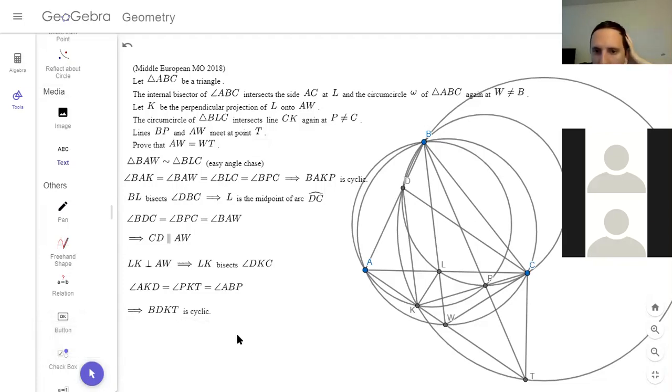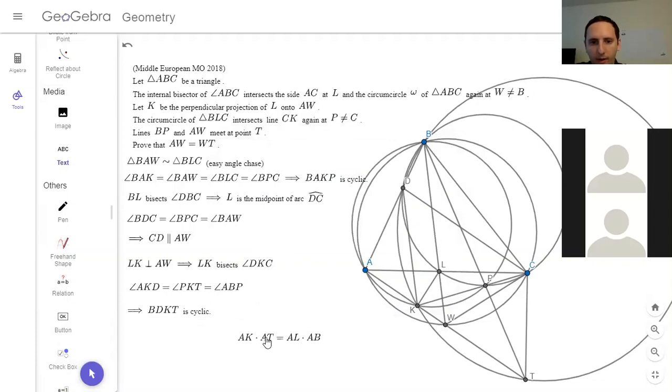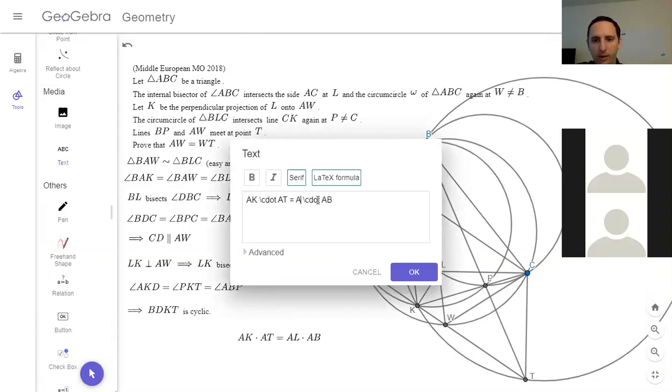Hold on just a sec. So is AK times AT equal to AD times AB, which is AL times AC? That's right. So that means that KLCT is cyclic.